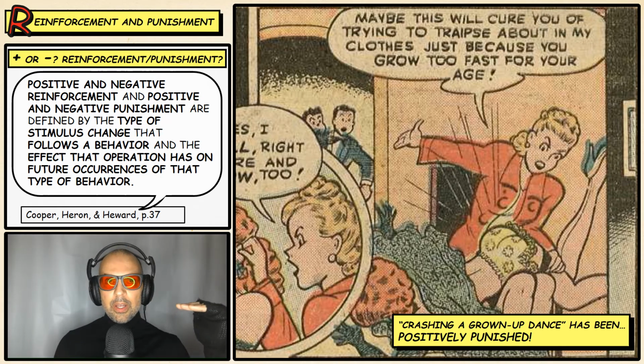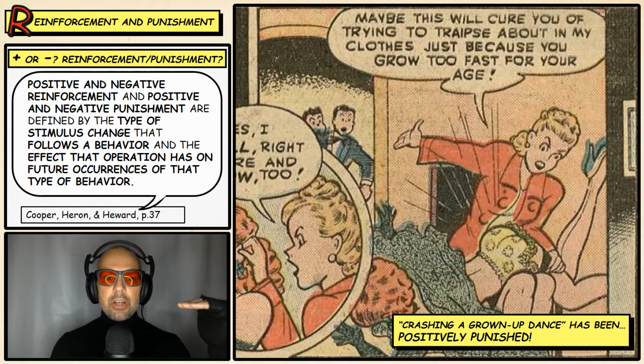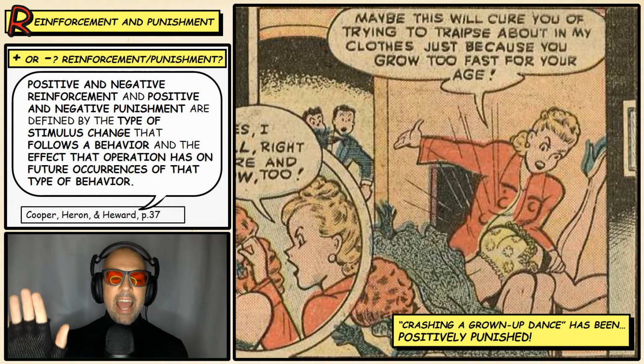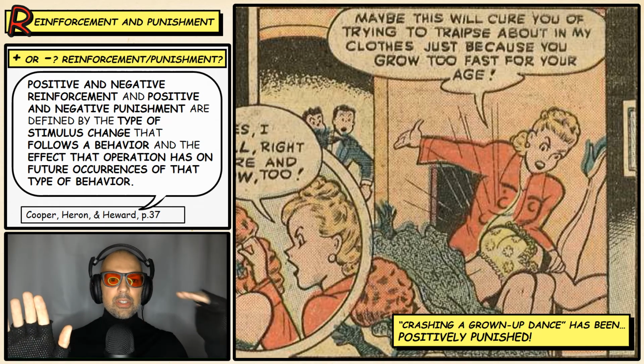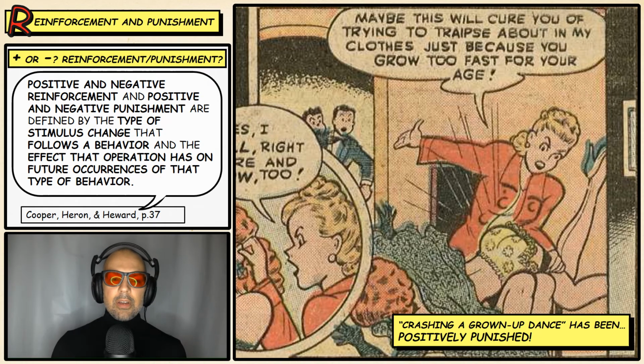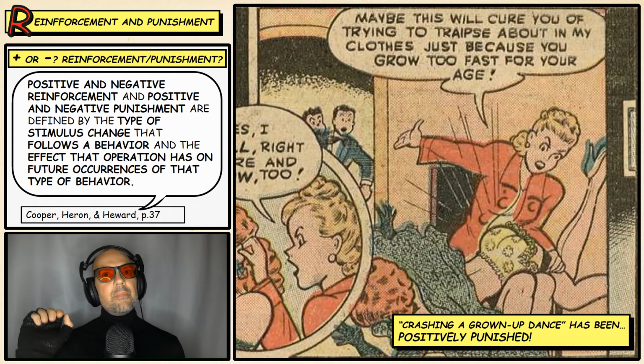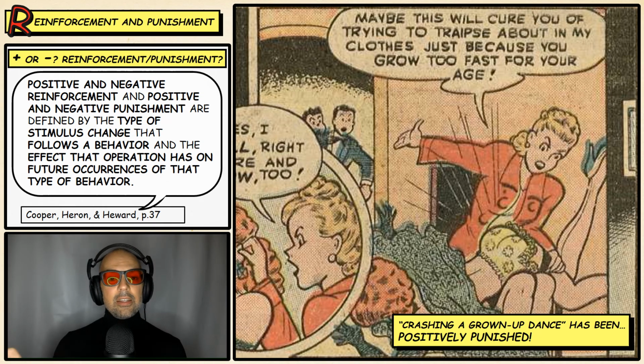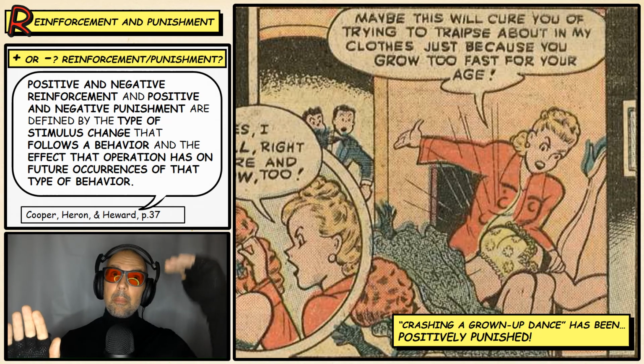So the decrease in the future, that makes it punishment, but the fact that something was added to cause that decrease in the future, that makes it positive. So the decrease makes it punishment. The addition of the spanking into this environment, into this person's world, that makes it positive, hence positive punishment.